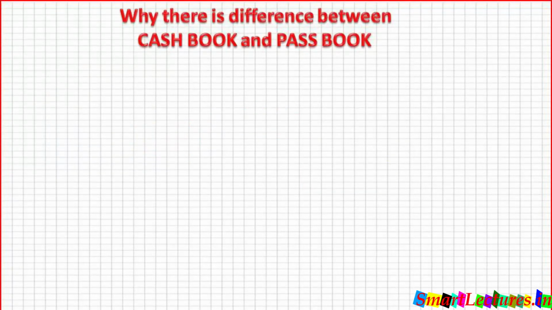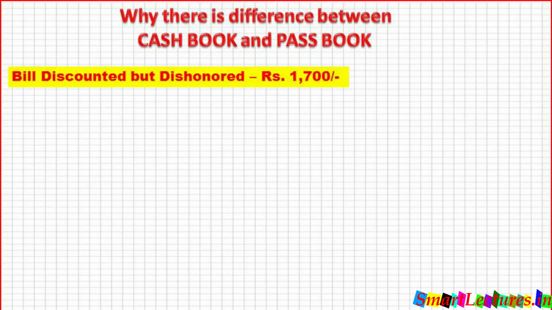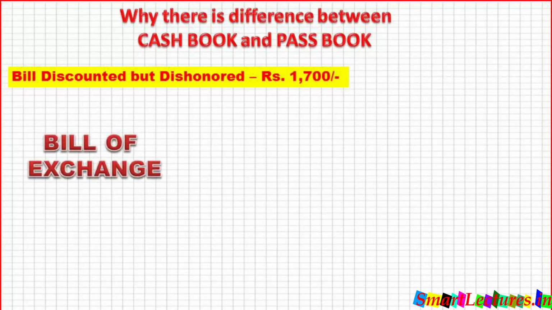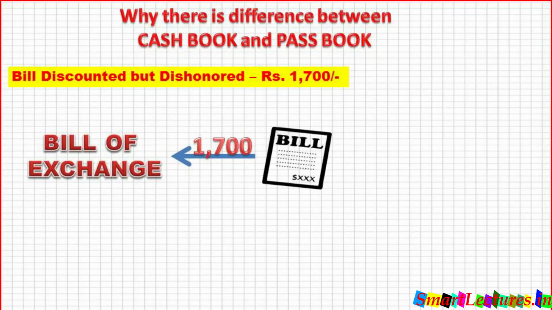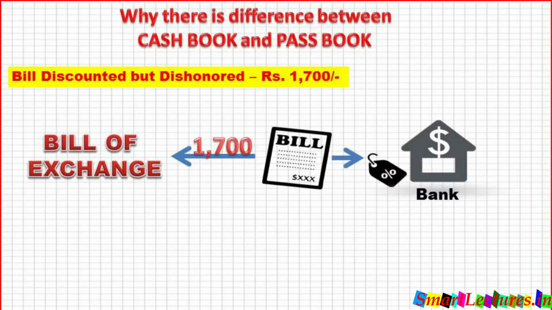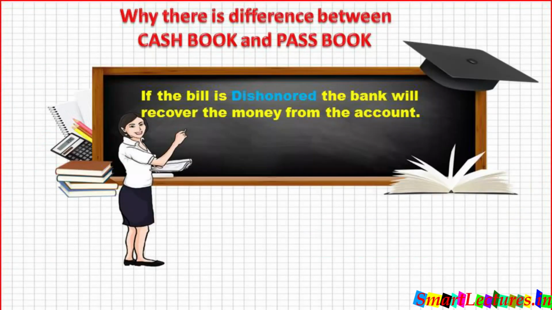Why is there a difference between cash book and passbook? Suppose a bill discounted but dishonored, rupees 1700. It means we received a bill of 1700 some months ago, it was discounted with the bank, and it was dishonored today. If the bill is dishonored, the bank will recover the money from our account immediately.